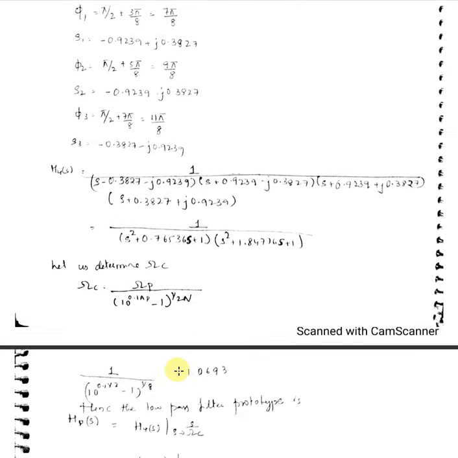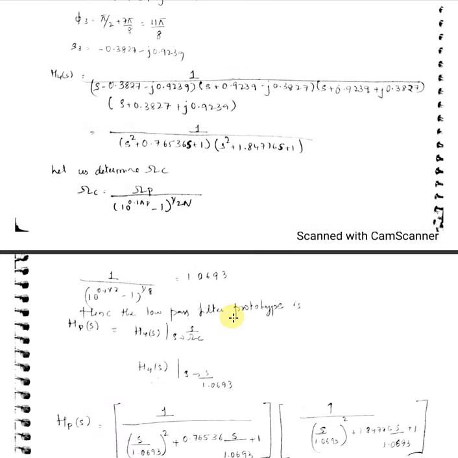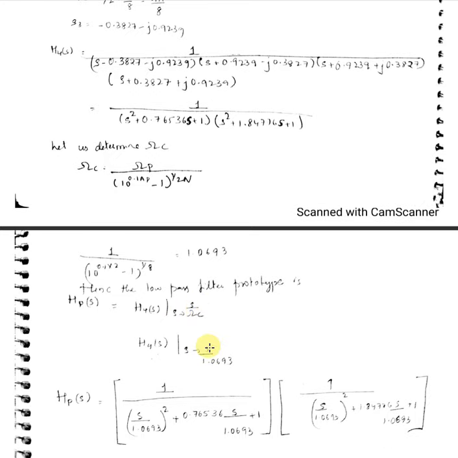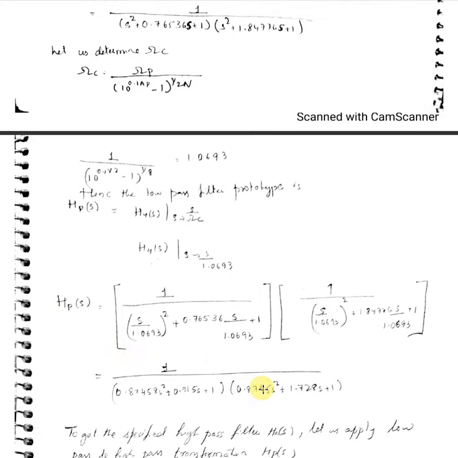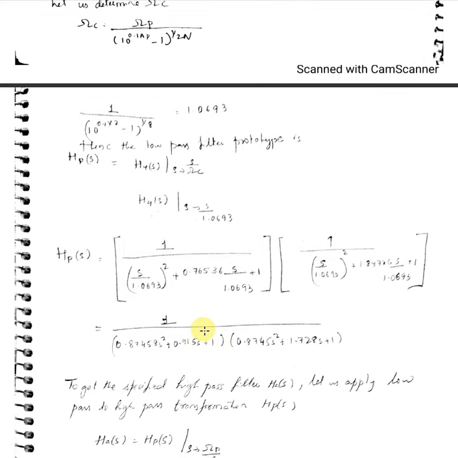Now, they may sometimes ask you to verify the design. If they ask you to verify the design, all that you have to do is substitute s wherever you have it with j omega. So your left hand side will become H of j omega. Take the mod of it. Take the square root of the denominator part.